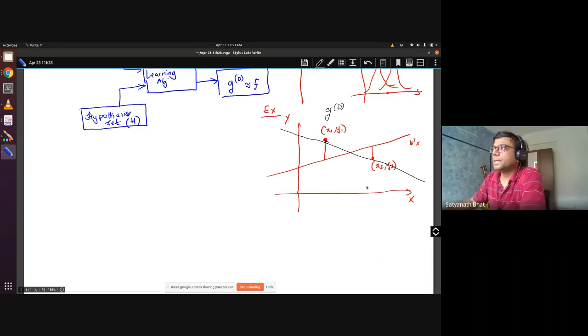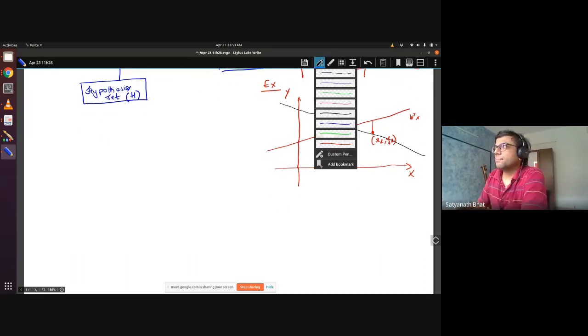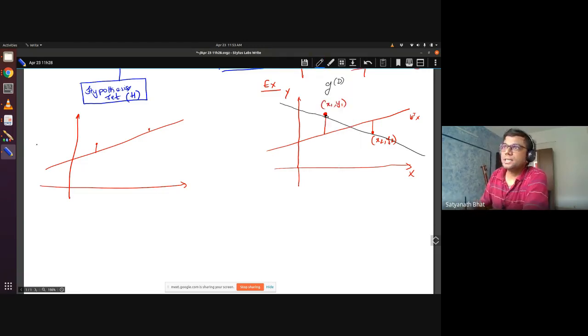Sometimes, depending upon the data points, it can be bad. So let me take the same case, but something which is favorable. If I take points like this, and try to find g_D, I will get a much better hypothesis.